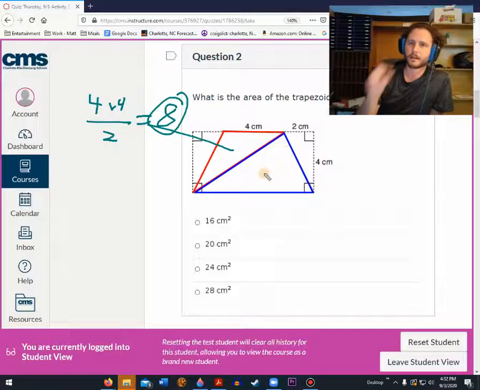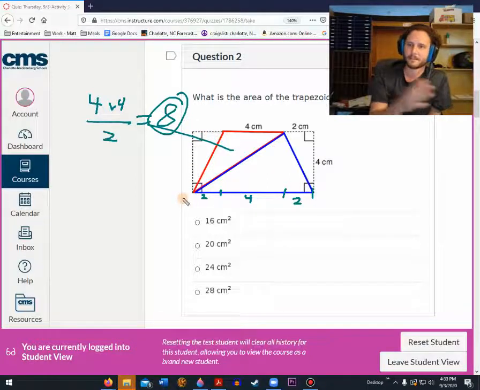This blue triangle, a little bit trickier. We know that the length of this middle section from here to here is 4 centimeters. We know that this section on the end is 2 centimeters, and we also can piece together that this section is 2 centimeters. The entire base of that triangle is going to be a base of 8.